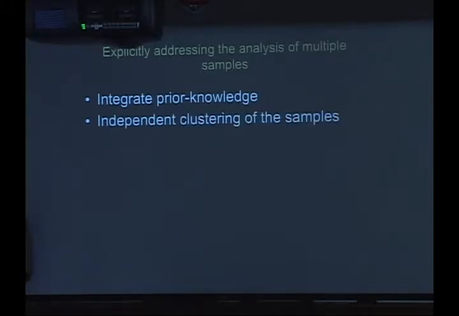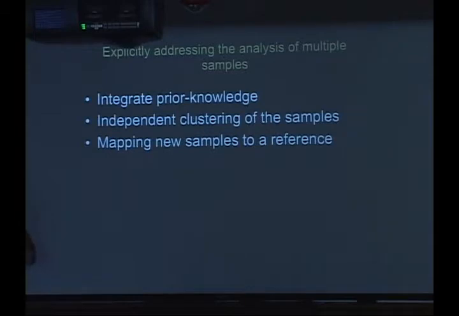The other thing that we really wanted to do was have the possibility to independently cluster each sample, because this gives you a very useful tool, which is the possibility of mapping a new sample to a reference. So you run your 10 samples to do your whole analysis, and then 2 months later you run another 10 samples. The idea is that you will process these samples independently and be able to map them on the same reference, so that you don't have to always redo your analysis, but you can add on to your existing analysis as your study progresses.